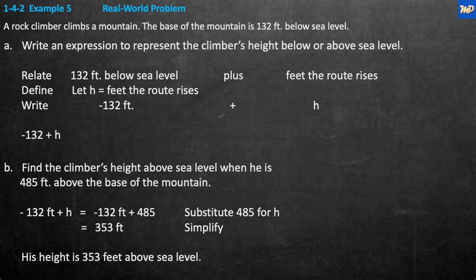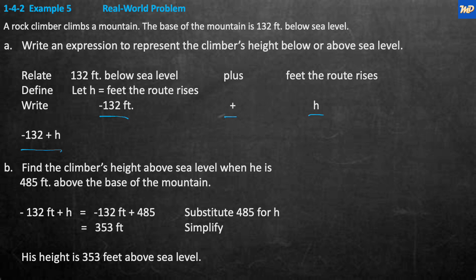The new equation is negative 132 feet. That's where you start, below sea level. And then you're going to add the height of the route. Whatever this h is, we'll get a different answer for however far the climber climbs. But what they're asking for is the expression: negative 132 plus h.